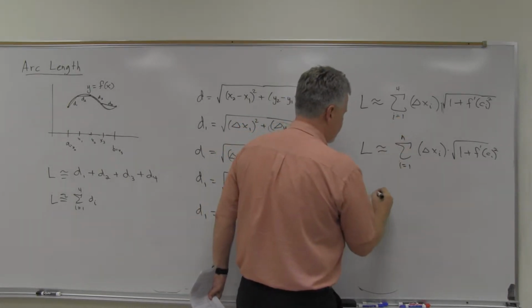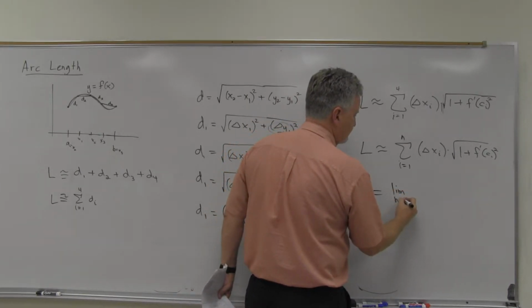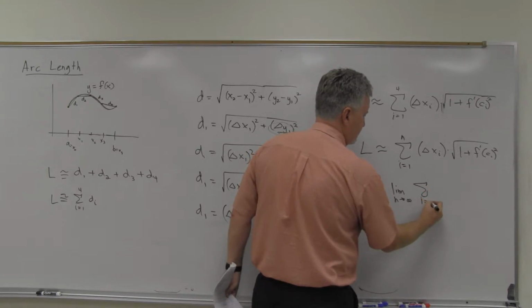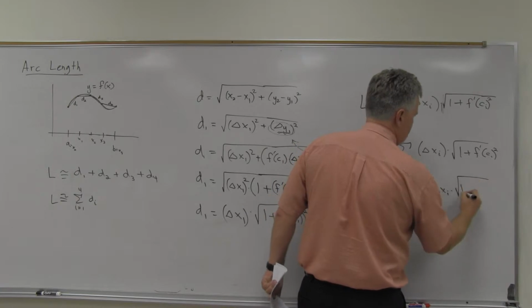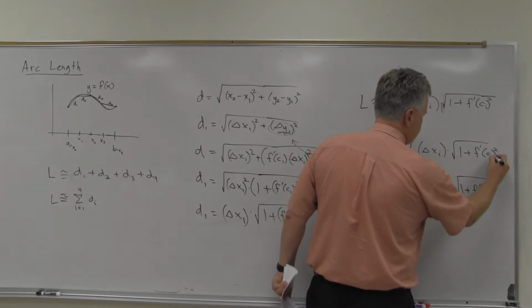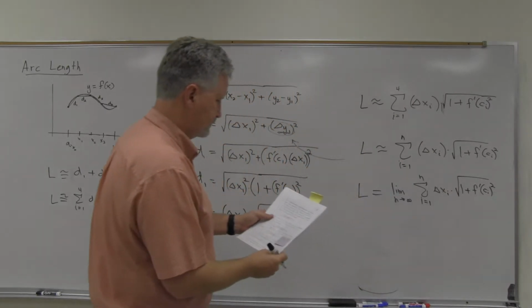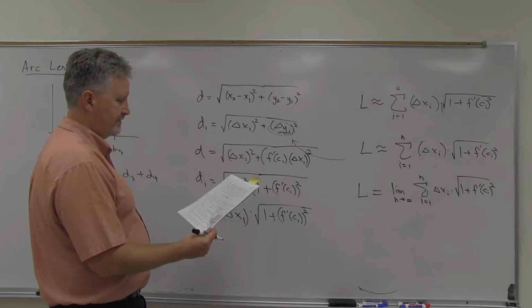So to get the exact arc length, let's take the limit as n goes to infinity of this Riemann sum, i equals 1 to n, of delta x sub i times the square root of 1 plus f prime c sub i squared. Which is what I have on page 26, middle of the page.